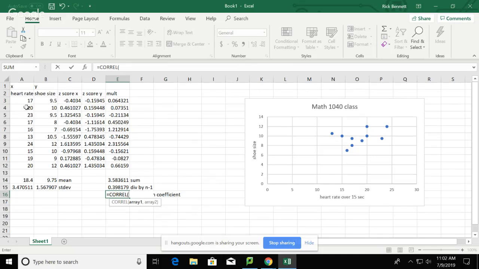I'm going to highlight my X data in this case. Then I'm going to press a comma, and it's going to ask for array 2. I'm going to highlight my second data set and close the parentheses. And look at that. You are now as smart as a computer.